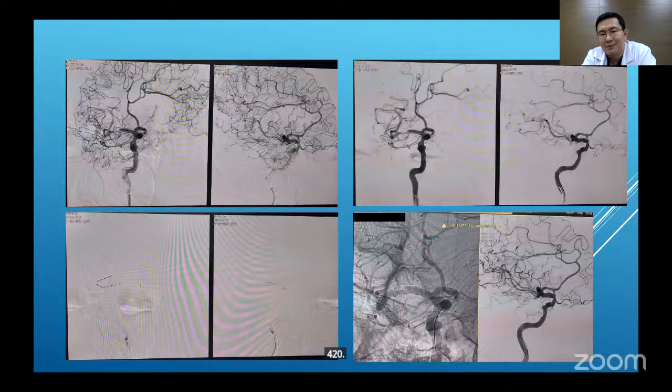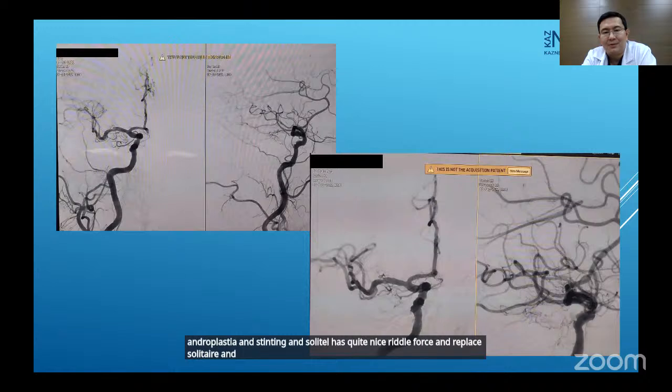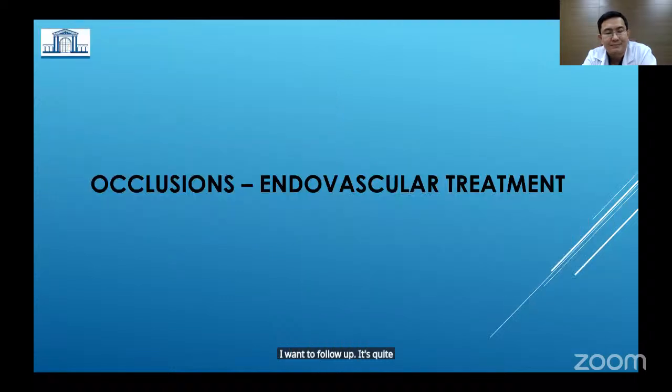It's a very nice stent for thrombectomy, and it's also very nice for angioplasty and stenting. Solitaire has quite nice radial force, and we placed Solitaire, and the patient was treated for ACOM aneurysm and MCA stenosis. You can see on the follow-up, it's quite a good result.